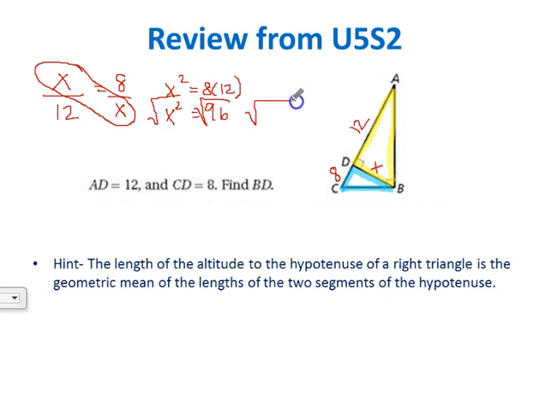The square root of 96 can break down into 16 times 6. So we can simplify that into 4 radical 6. So that's the length of x, BD. So we just found that length of BD by setting up proportions. And that's what you did all throughout Unit 5, Session 2.